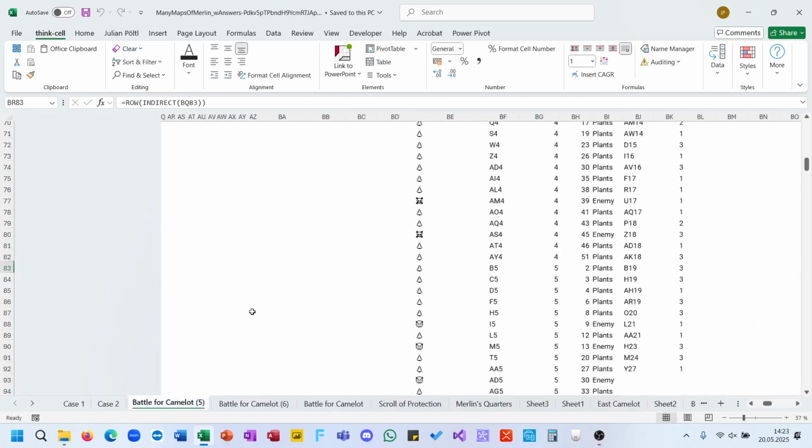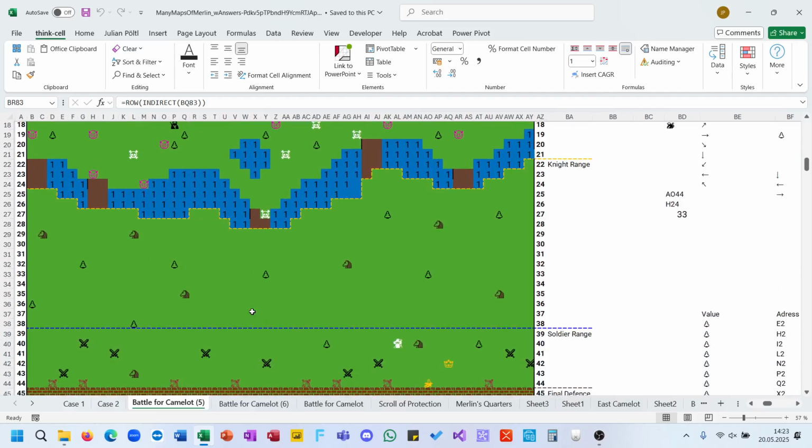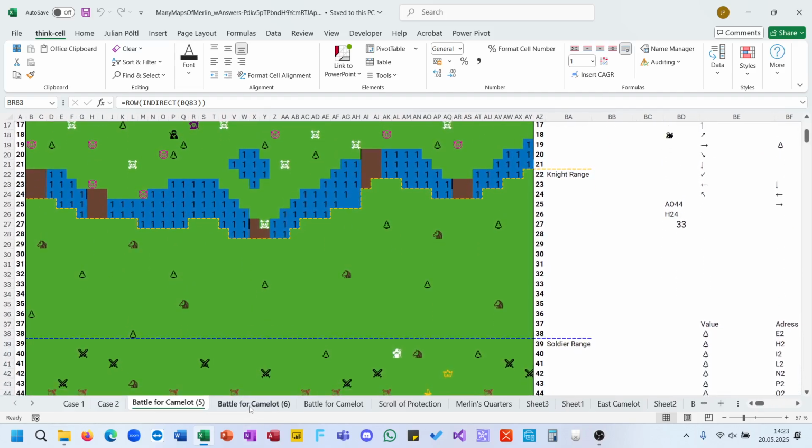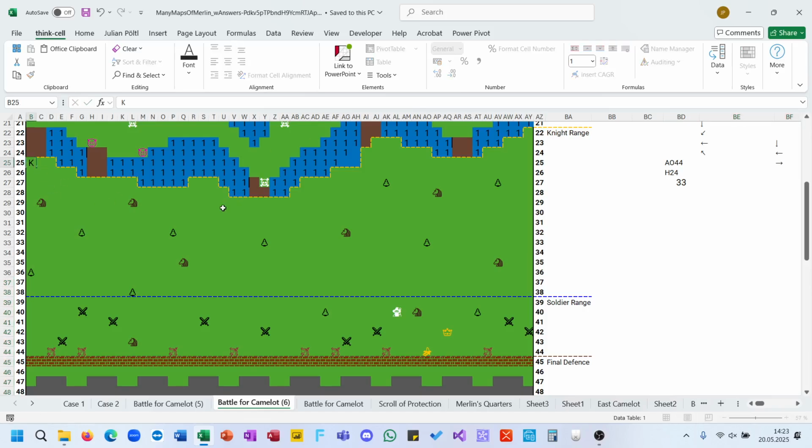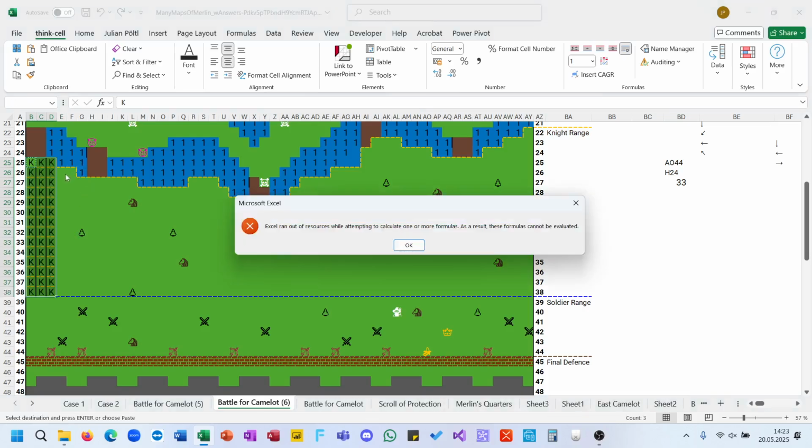But I still need to work on the remaining part. So for soldiers I'm fine, but for the rest I'm adding here a K in another table.